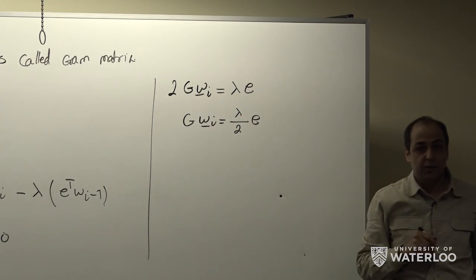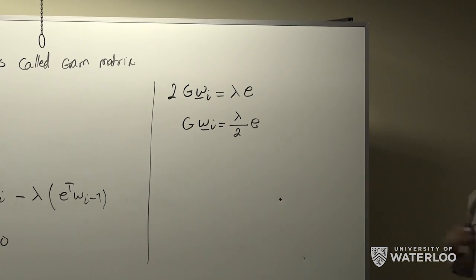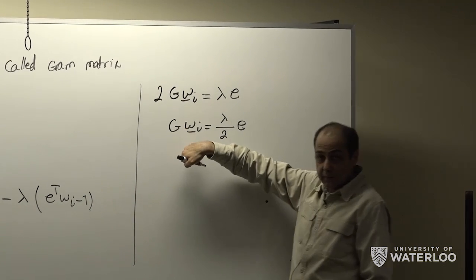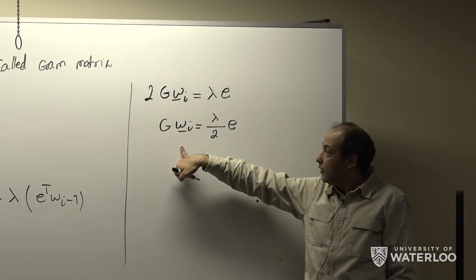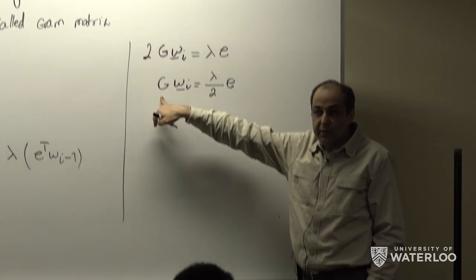And lambda is unknown. If lambda is known, you can compute Wi, right? Just multiply both sides by the inverse of G.